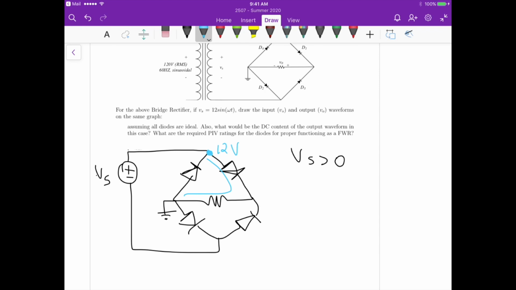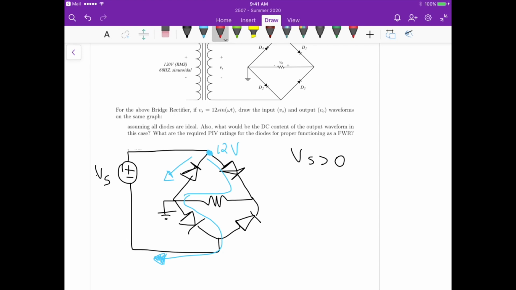But it would be blocked in this direction here. Okay, so if you just want to ignore this ground here, it would flow this way. So that's the direction of the current.